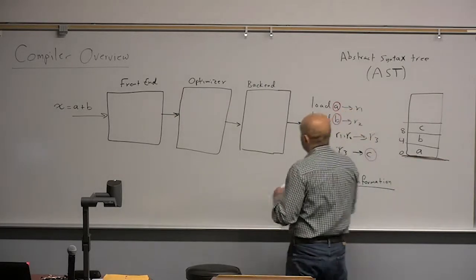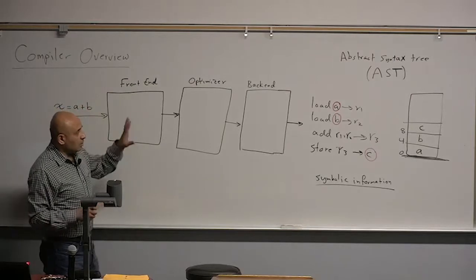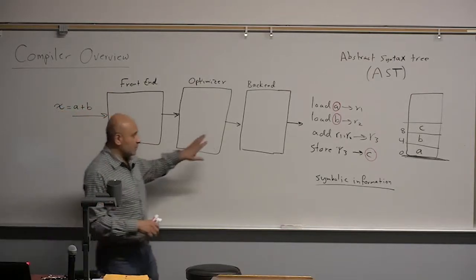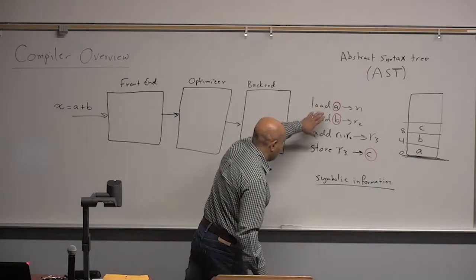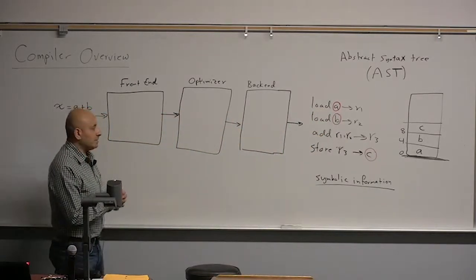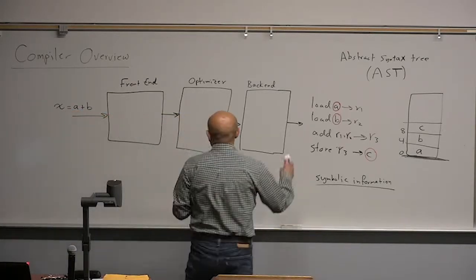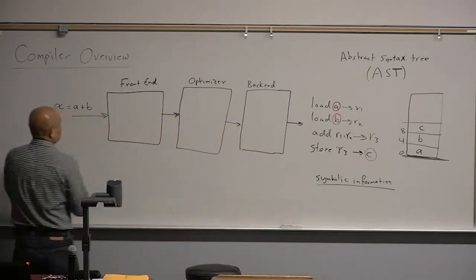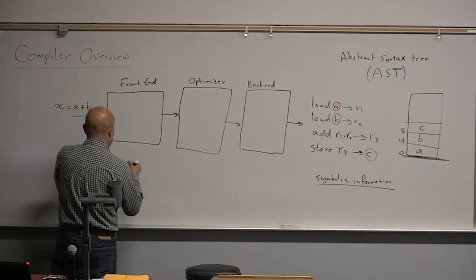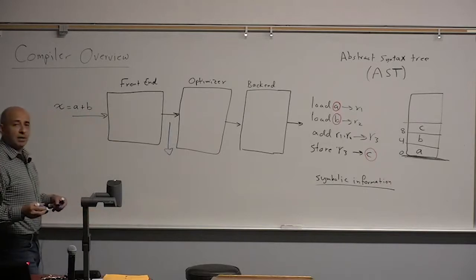Okay. So anyway, we'll say more about this later. But for now, I wanted to make sure that you understand that real assembly doesn't have variable names, doesn't have symbolic information. In fact, once the compiler forms the abstract syntax tree, it no longer needs the symbolic information.